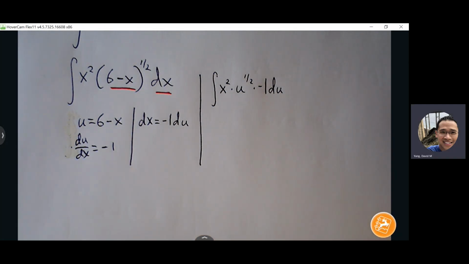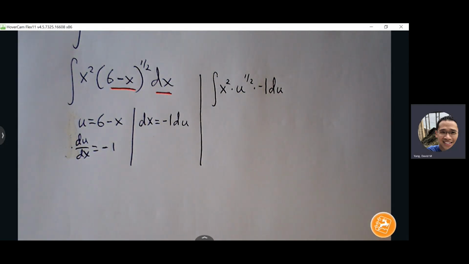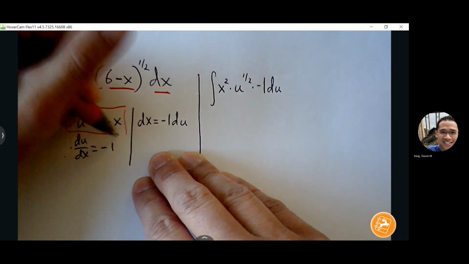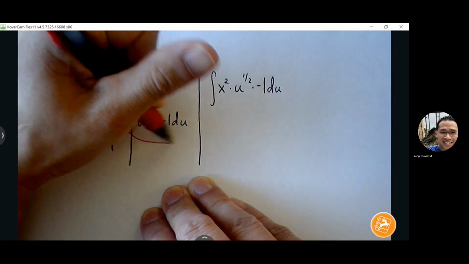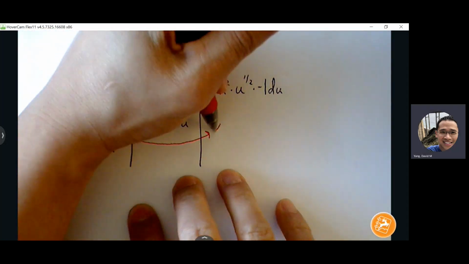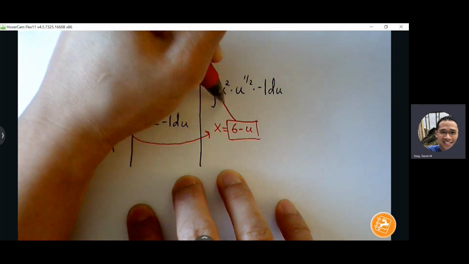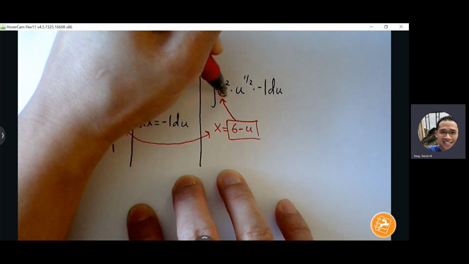Right, so that's nice. Yep, solve for x. So x equals 6 minus u. So this piece is going to go in for this x here.